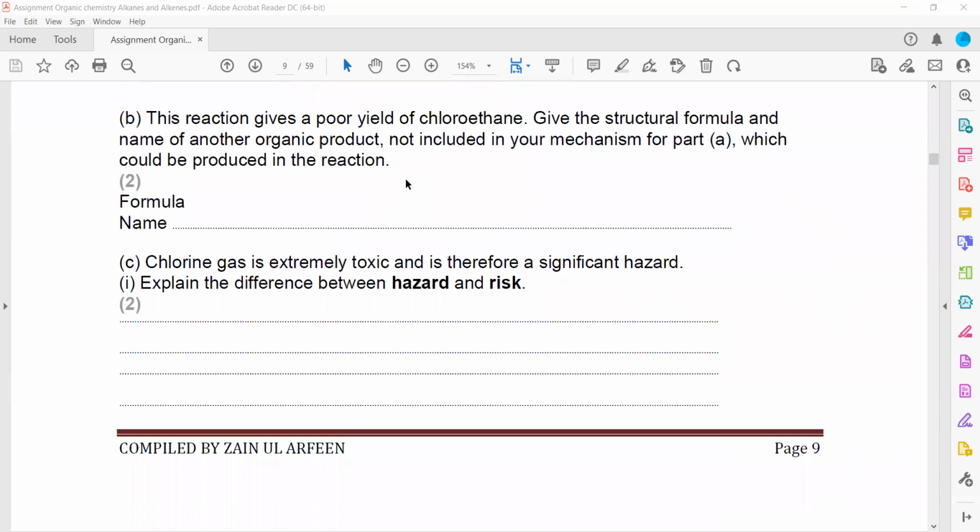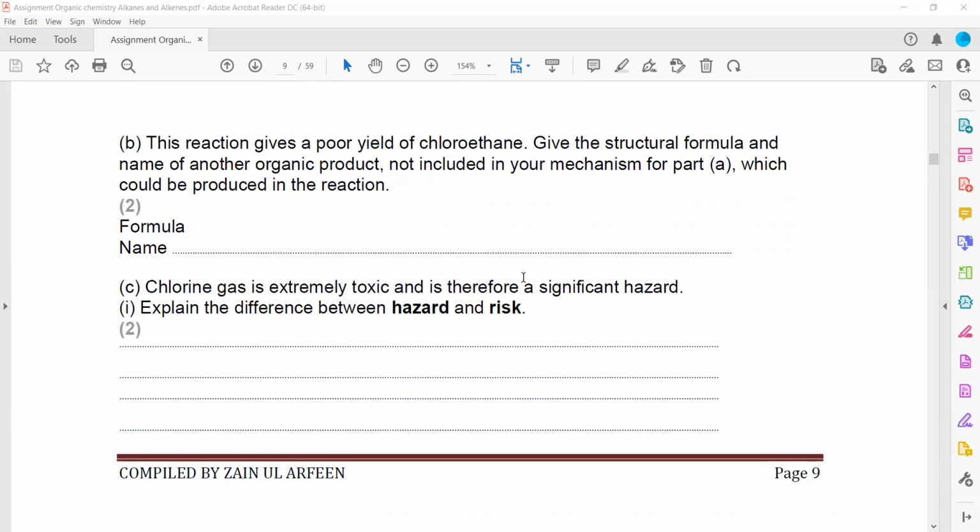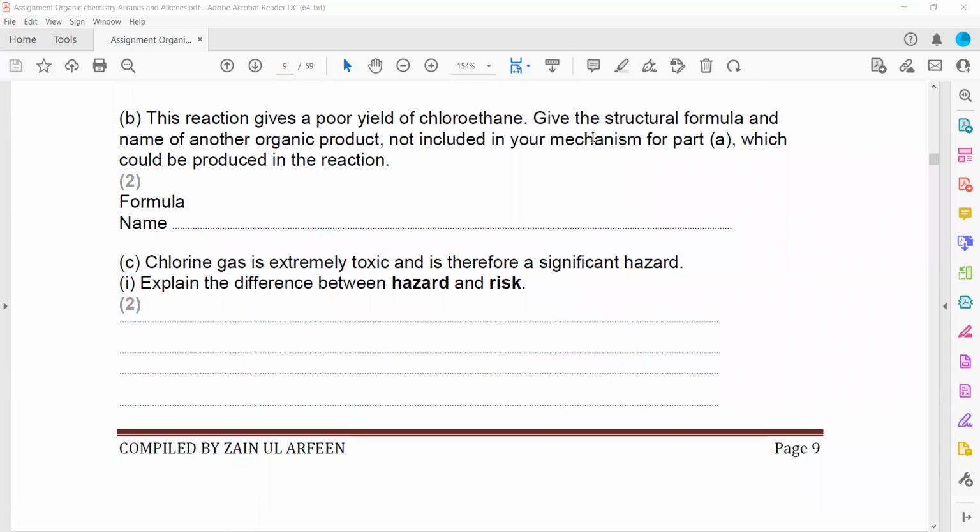This reaction gives a poor yield of chloroethane. So the amount of chloroethane produced by this reaction is very low. Give the structural formula and name of another product not included in your mechanism which could be produced.